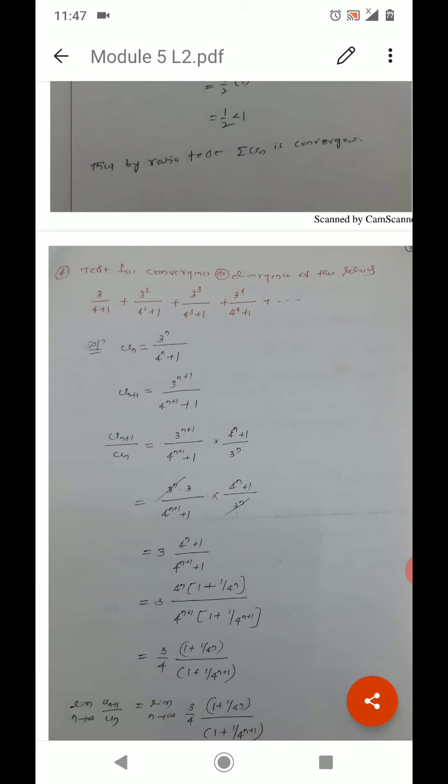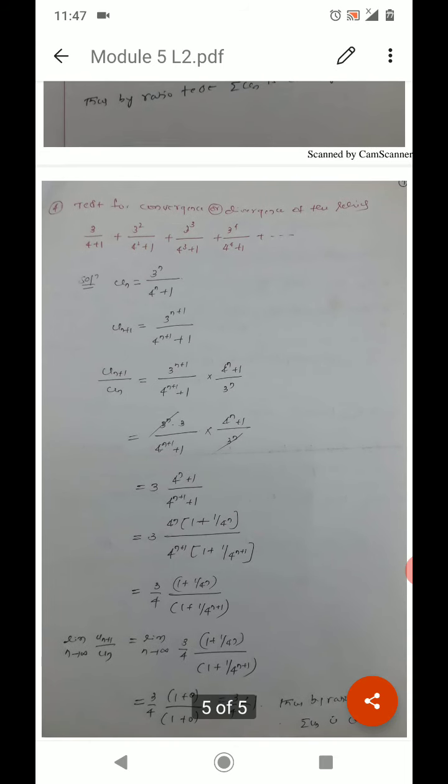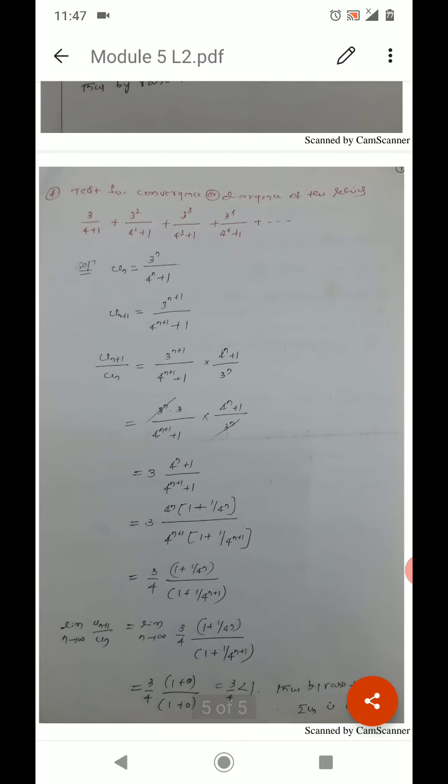So divide un+1 by un, which will be equal to 3 power n+1 divided by 4 power n+1 plus 1 into the reciprocal of un, this is 4 power n plus 1 divided by 3 power n. So in the numerator we can write 3 power n+1 as 3 power n into 3. Therefore from numerator and denominator 3 power n gets cancelled.